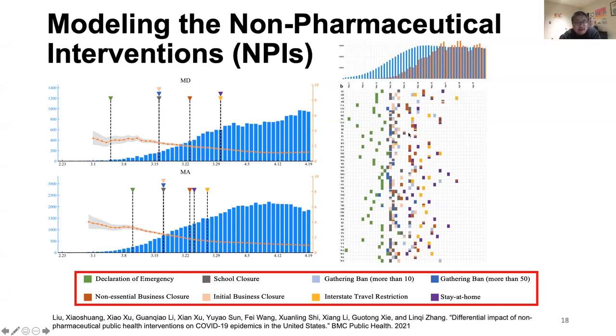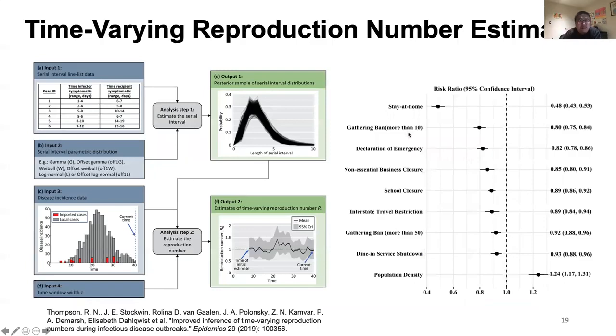states. And the authors in the paper leveraged the method in this paper to estimate the time varying reproduction number, which is a two-step procedure. To estimate the time-dependent reproduction number from the data informing the serial interval, and from data on the incidence of cases over time.